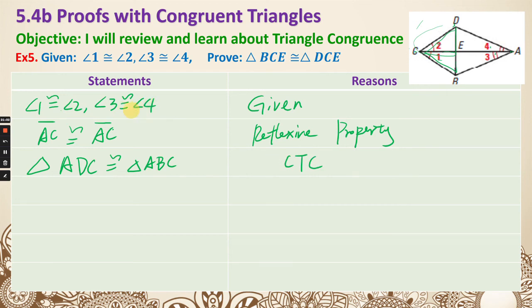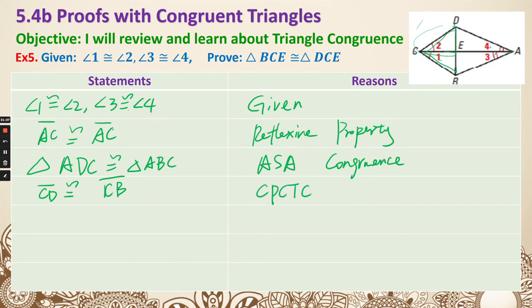That's the next step. Because the angles are congruent and the one side, that is angle, side, angle congruence. Because of that, next step, we can get CD is congruent with CB. That is CPCTC.